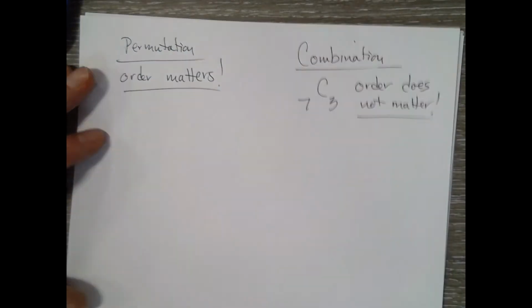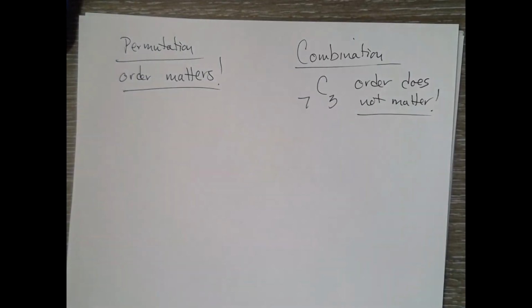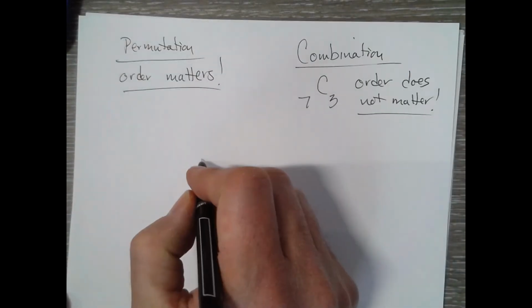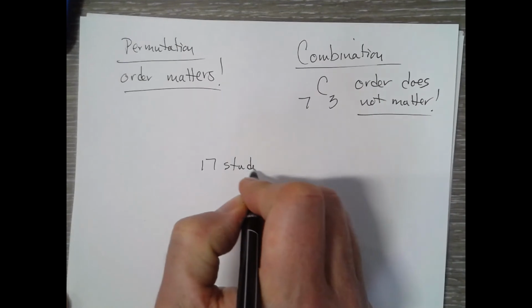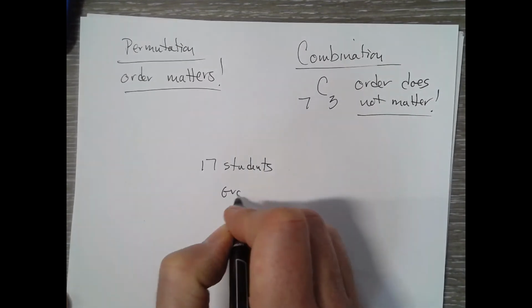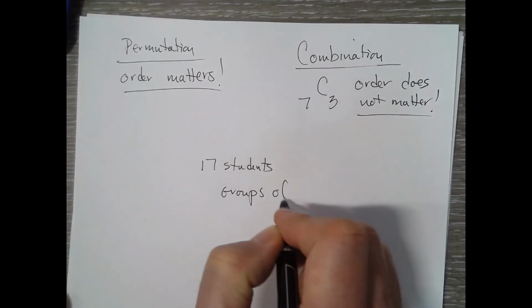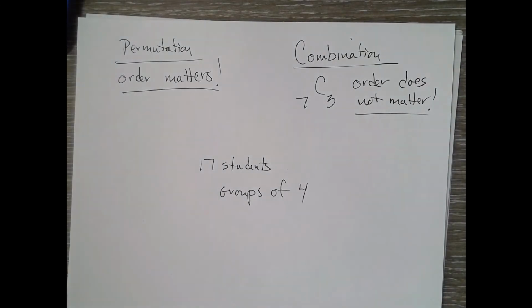So how many students are in the class? 2, 4, 6, 8, 10, 12, 14, 16, 17. We have 17 students. Let's say of those 17 students, we're going to make groups of 4. Does it matter what order within that group of 4 you're chosen? Does the order matter, or is it just a group of 4?